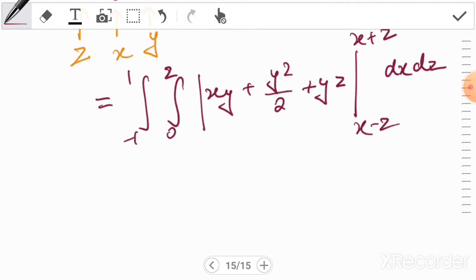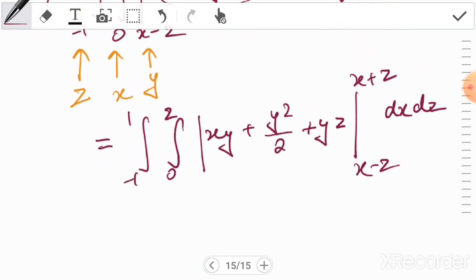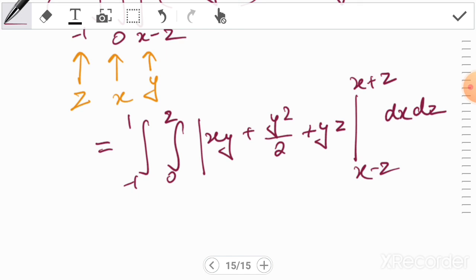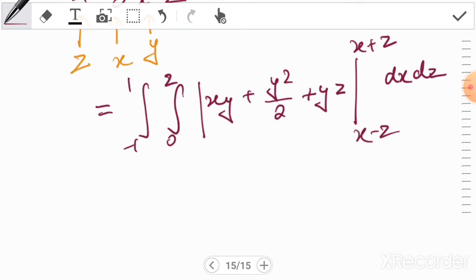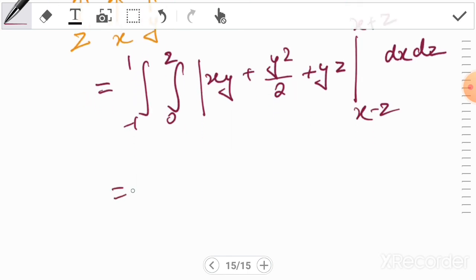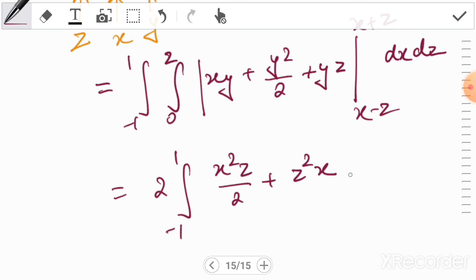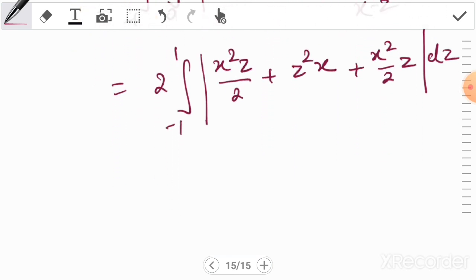Now integrate with respect to x. So you will get, from minus 1 to 1, x square z by 2 plus z square x plus x square by 2, dz. Now finally integrate with respect to z from minus 1 to plus 1.